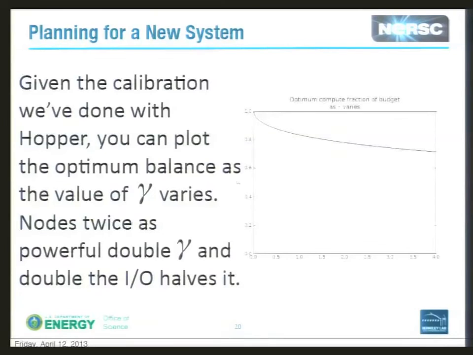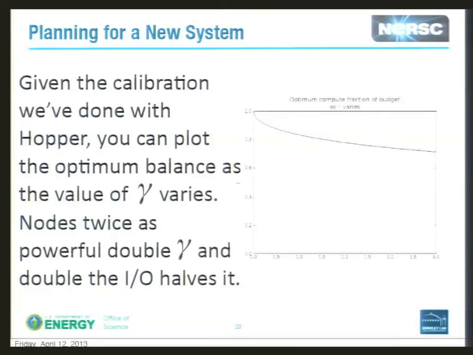If you then say, well, I don't really believe your workload characterization, I think you're overstating it by a factor of 2, well, okay, go look at gamma equals 0.5. That will tell you, if you really think I overestimated the workload on Hopper by a factor of 2, then you really should have spent maybe closer to that 90% that Hopper did in fact do.